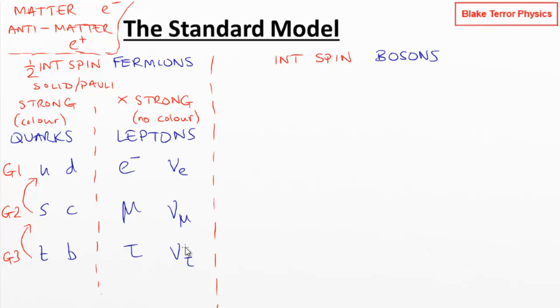So we've got a certain pattern going on here. We've got these pairs of fundamental particles, but it's these top ones here, the Generation 1 fermions, that are making up pretty much everything that we see around us.